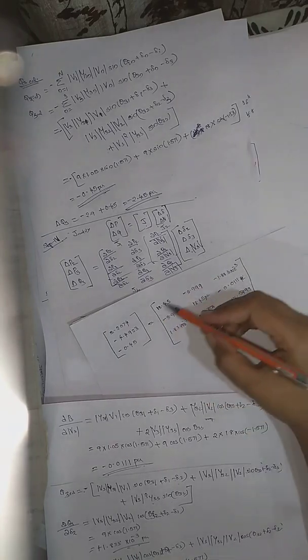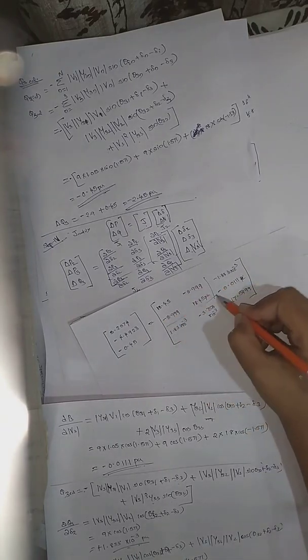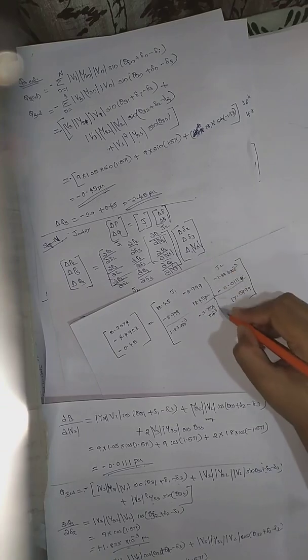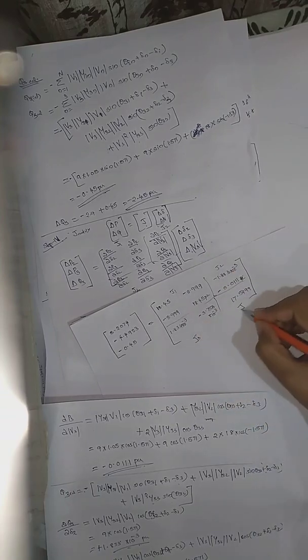So this is my J1 matrix, this is my J2 matrix, this is my J3 matrix, and this is J4. So we can do it like this.